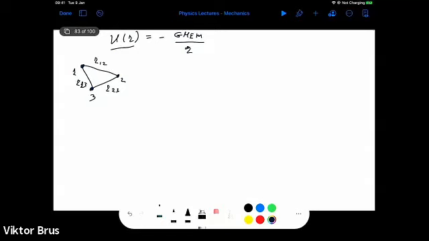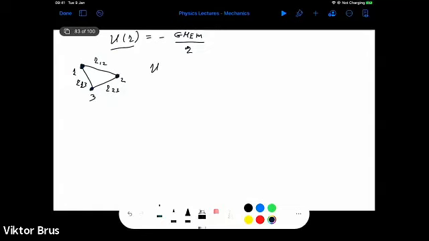So in this case, gravitational potential will be a superposition of all gravitational potential energies, which originate from interaction of each body with every body involved of this system.